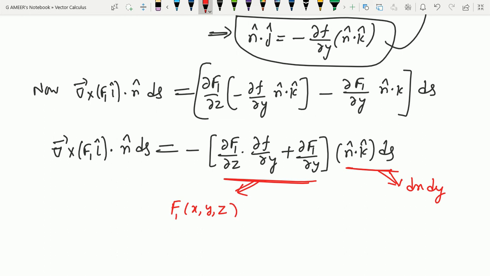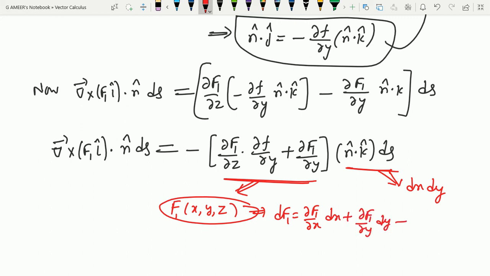Now if I want the differential element of this, how will I write it? df1 will be equal to dou f1 by dou x into dx, plus dou f1 by dou y into dy, plus dou f1 by dou z into dz.